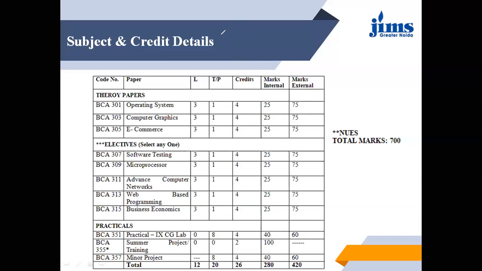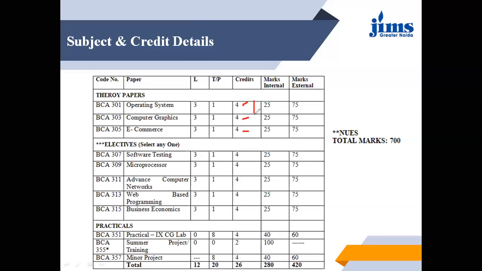The credits of the three main subjects are 4 each: computer graphics 4 and e-commerce 4.